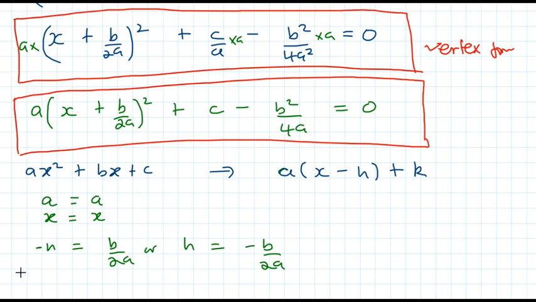It's still the same thing. Now we are left with k. Let me write it here, and k is c minus b squared over 4a. That's our k.